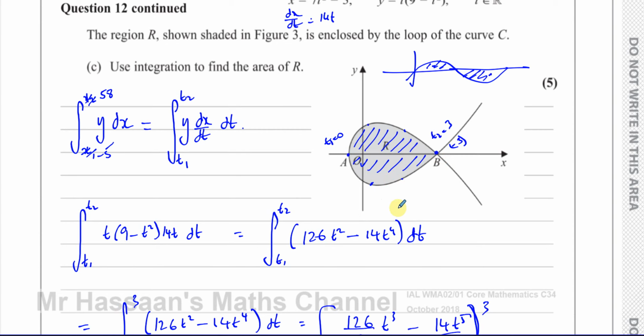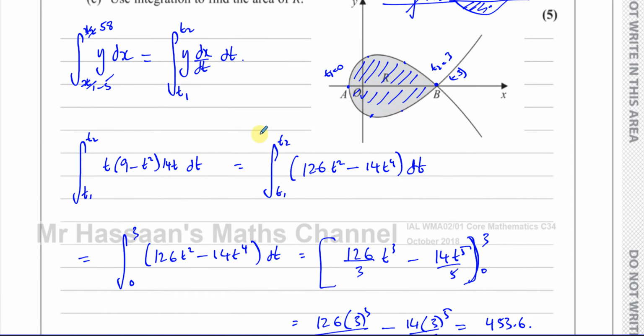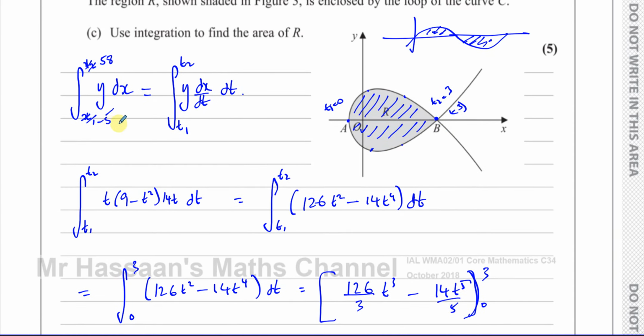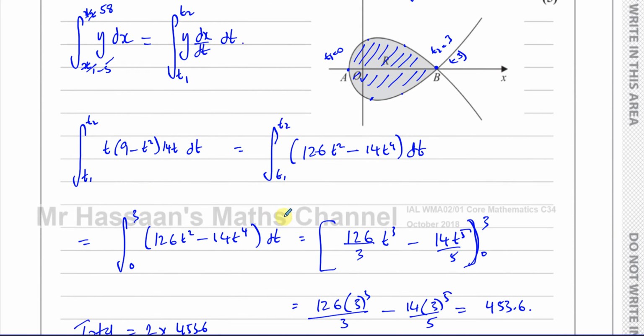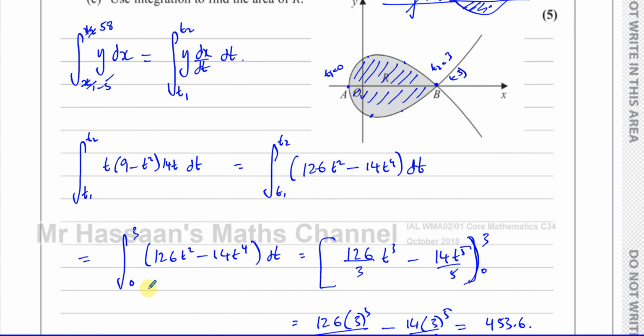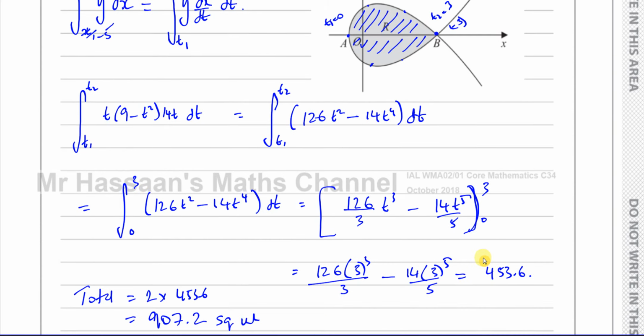So either you can understand it by thinking of it in terms of just directly changing these limits. As we know, y equals 0 at two times, when t equals 3 and t equals -3. If we take this between 0 and 3, then we'll get this area here.